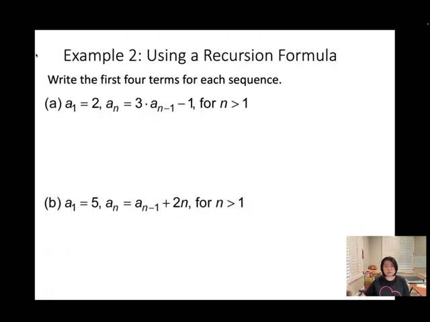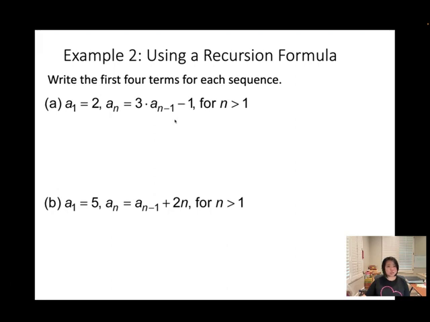Let's look at this example. Using a recursion formula, write the first 4 terms for each sequence. So I have the first term, a1 equals 2, and then an equals 3 times an minus 1. So you always need to use the previous term to find the new term. And we call this a recursive formula.